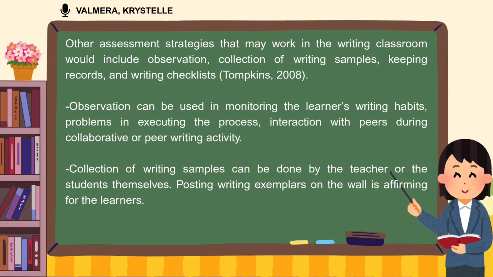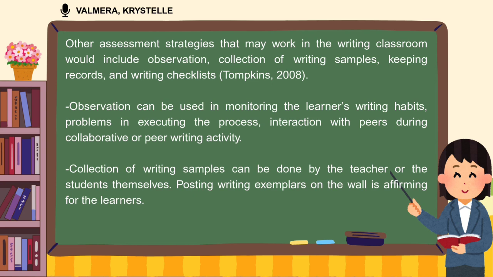So observation can be used in monitoring the learner's habits, problems in executing the process, interaction with peers during collaborative or peer writing activities. So observation can help us teachers with monitoring our students' behavior and attitudes.